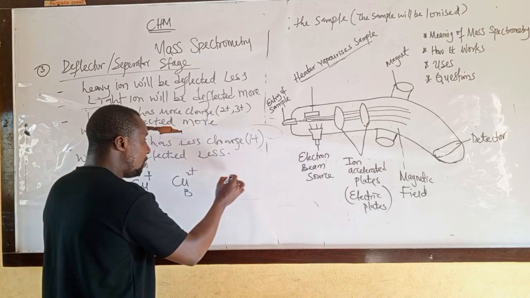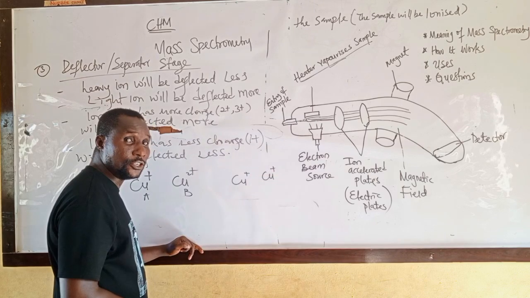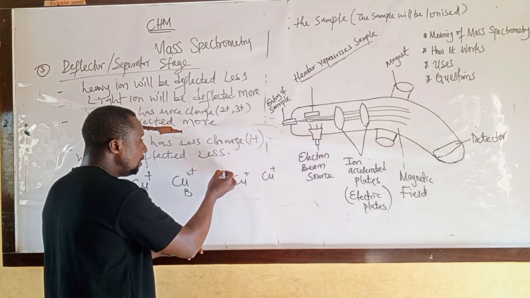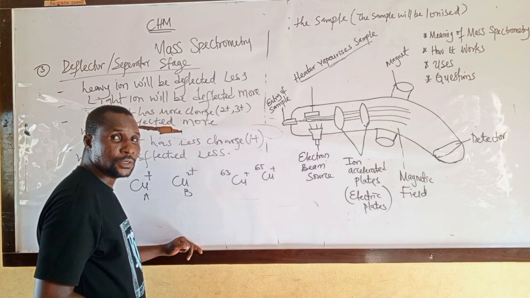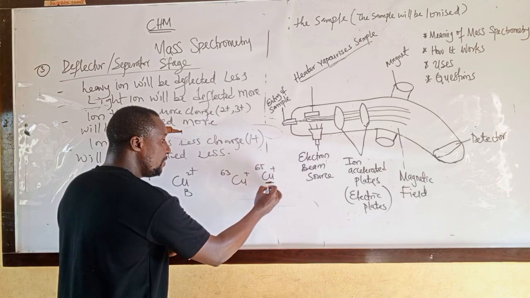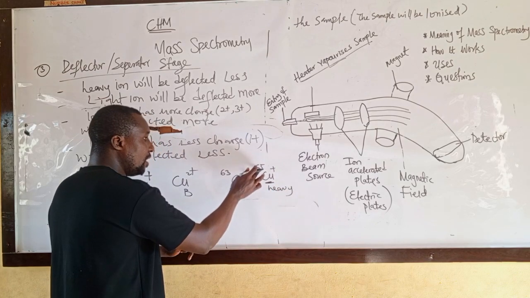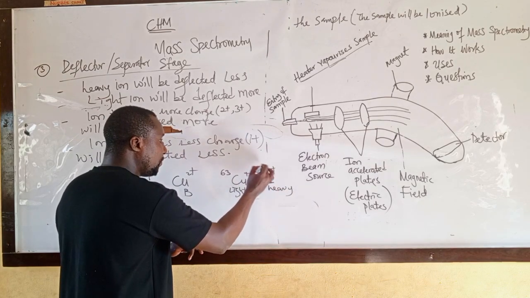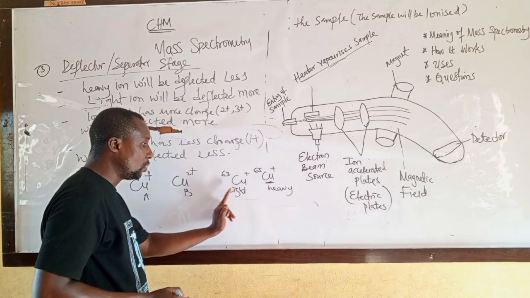Okay, let me give another one. When you have copper with the same charge, let me assume the same charge. This one is, let me assume 63. This one is 65. That means this one is heavy. This one is light. Why? Because the mass of this one is 65 and the mass of this one is 63. This one is heavy, this one is light.